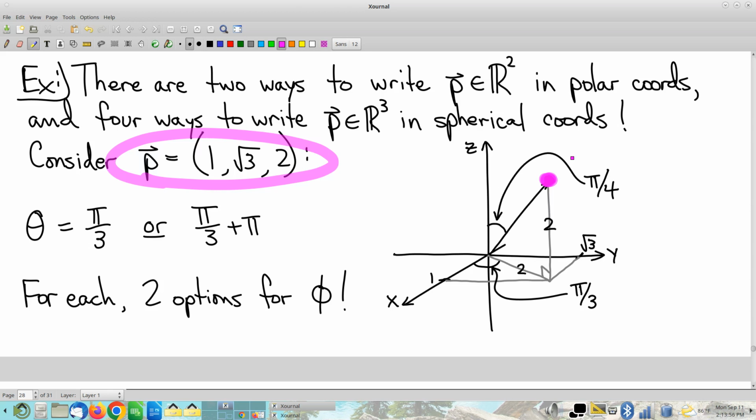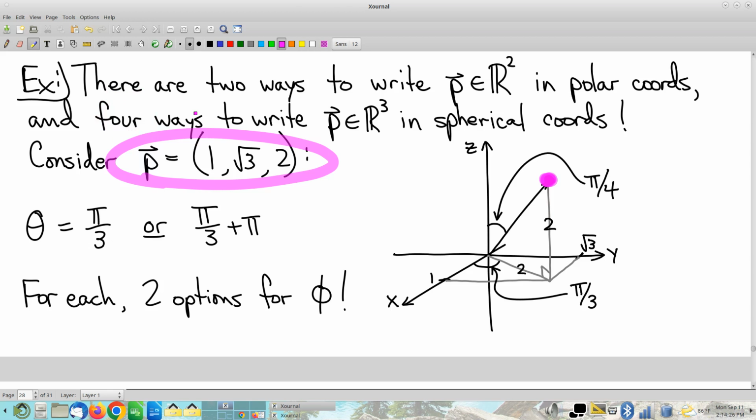Well, there are two angles in spherical coordinates, and each of them gives you two different options. So altogether, there's actually four different ways to write spherical coordinates for this point. And again, that's still ignoring adding any multiple of 2 pi, which you can always do. All right, so let's talk through a couple of these.